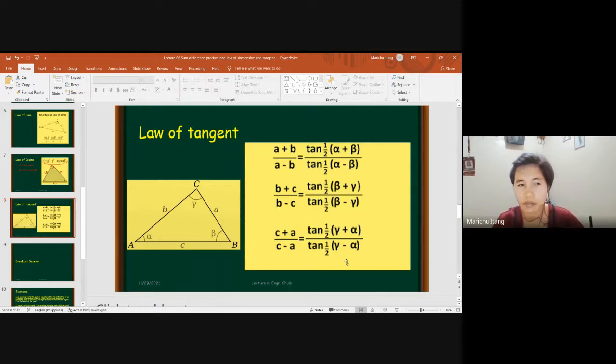The most important ones are the law of sine and the law of cosine.